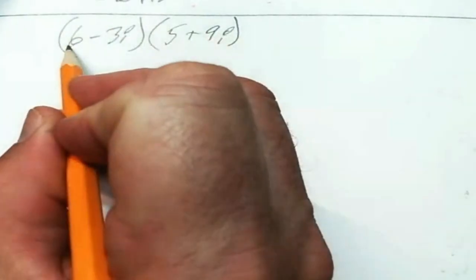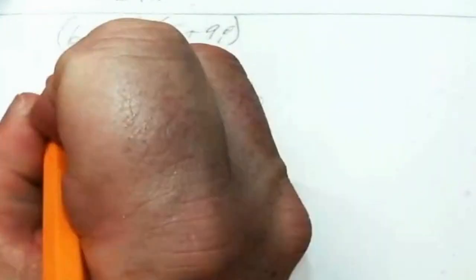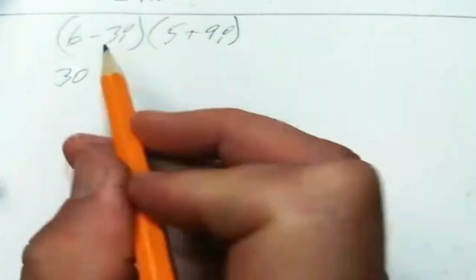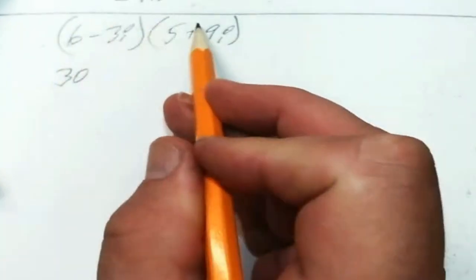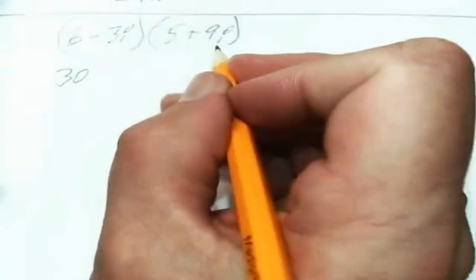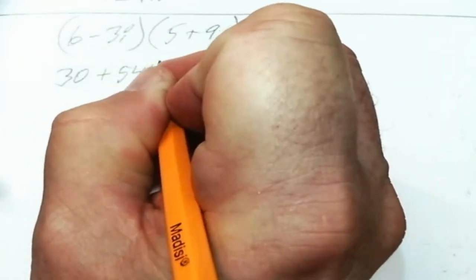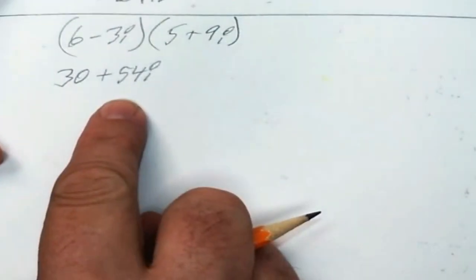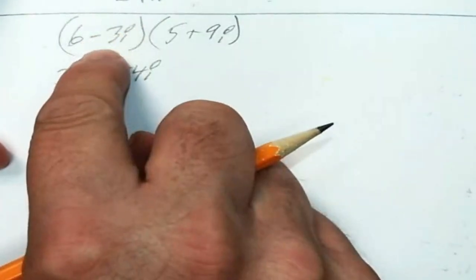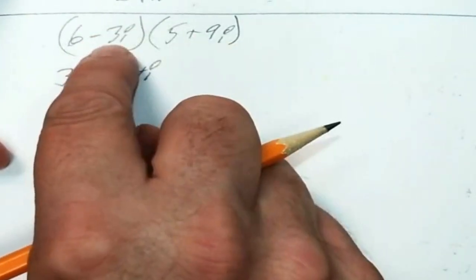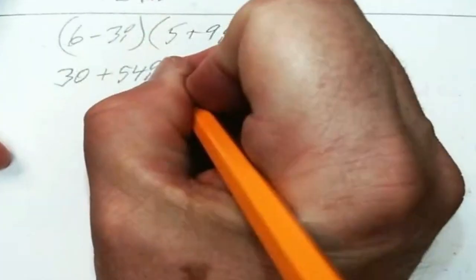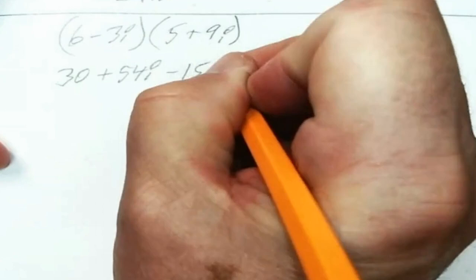So 6 times 5 is 30. 6 times 9i, there's an i with that, so this is 54i. Then we distribute the negative 3i into this. Negative 3i times 5 is negative 15i.